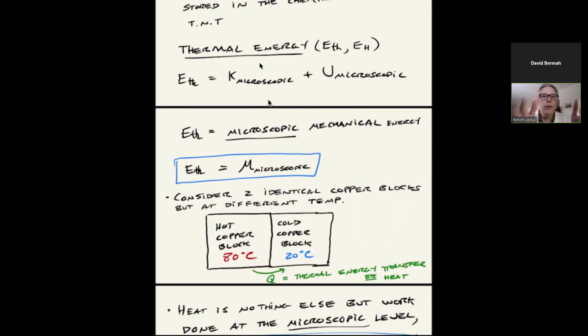So at a given point in time, there is a definite amount of thermal energy, a definite amount of mechanical energy, right? And heat is a process by which a material goes from one state to another state.